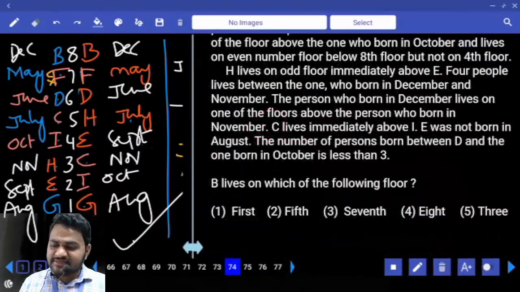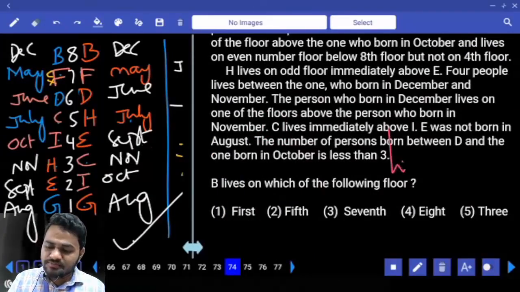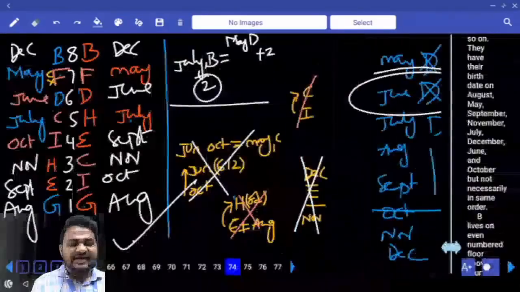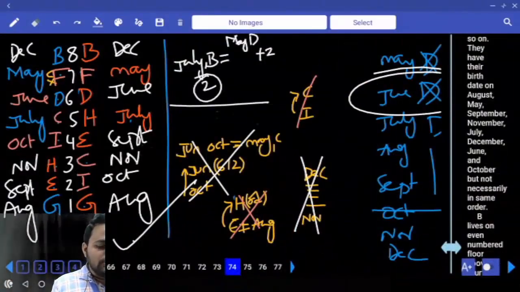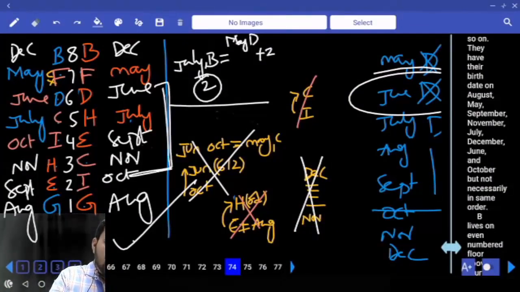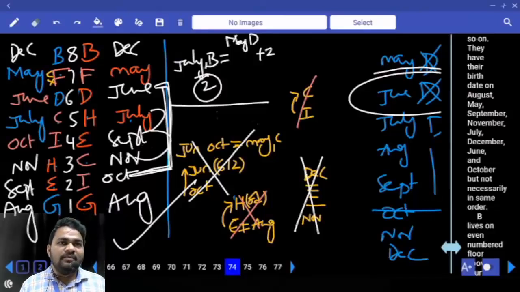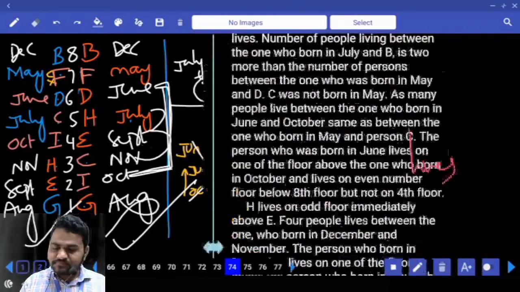So by that reason, a small change: the number of persons living between D and October is less than 3. But in the right side possibility, you got October on the second floor, D on the sixth floor. Between them you have 3, but it is given that it should be less than 3. So it is eliminated, and that is our answer.